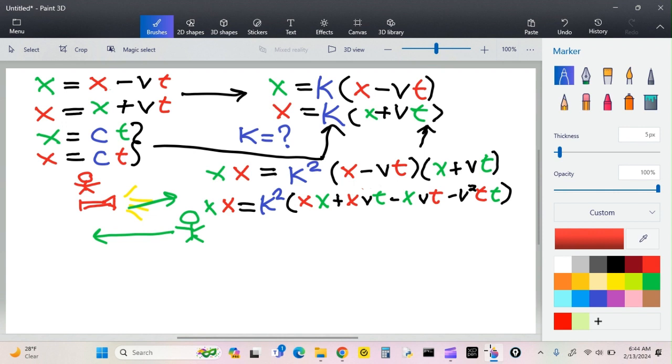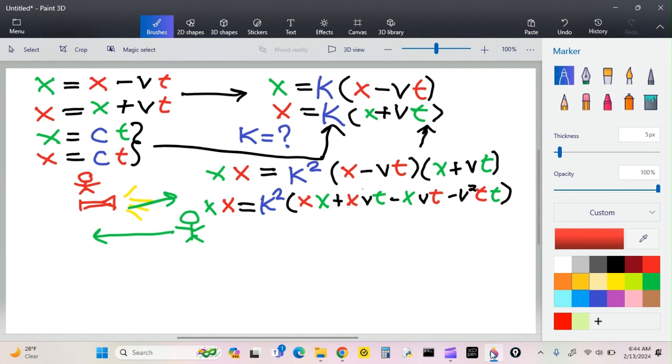Or let's see, do we have enough room? We can fit it in. Okay, anyway, let me replace the green x with the speed of light times t.